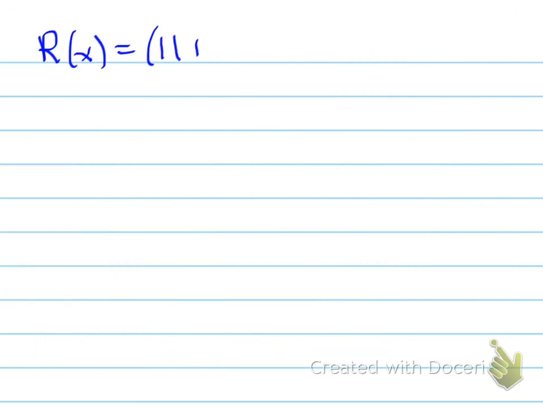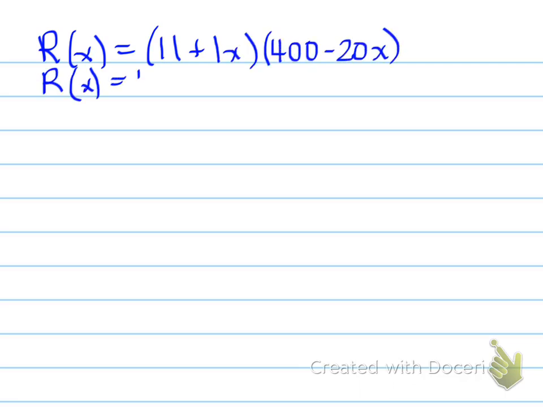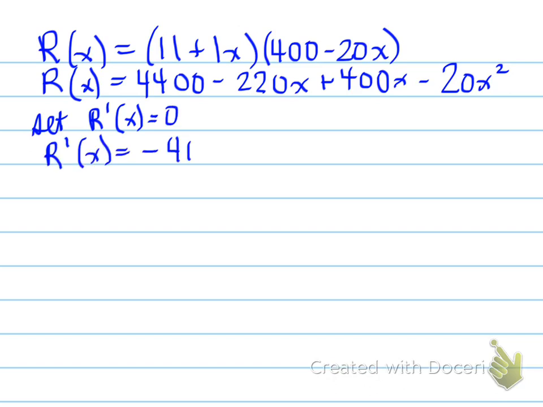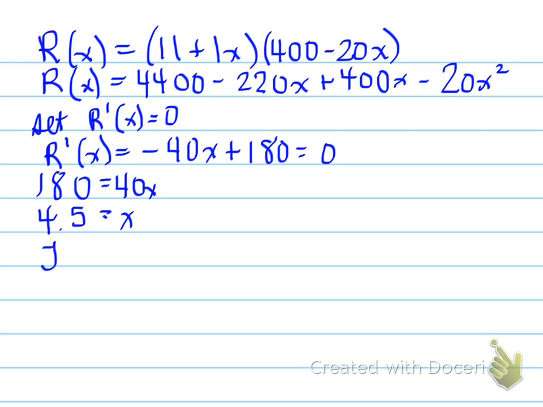Now, revenue. 11 plus 1x times 400 minus 20x will result in an expanded equation, which you then take the derivative and set that equal to 0. When you take the derivative, you get this value, and you set the derivative equal to 0, which will result in 4.5.